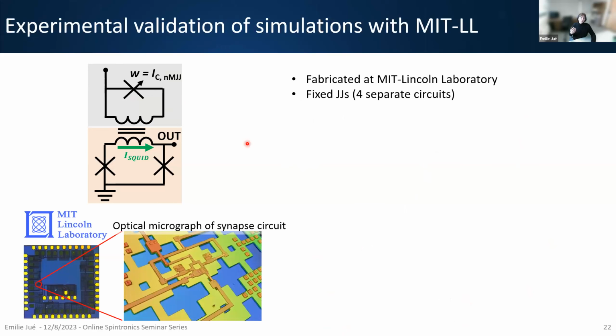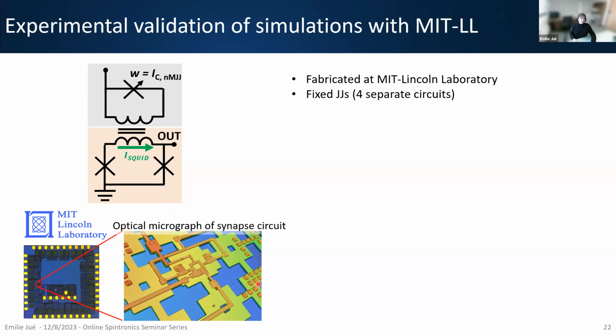Okay, so now that we simulated our neuromorphic cell, we want to validate experimentally our results. So for that, we collaborate with the MIT Lincoln Lab to fabricate this neuromorphic cell. Unfortunately, the MIT Lincoln Lab doesn't have the capability to include a nanoclustered magnetic Josephson junction in the circuit.